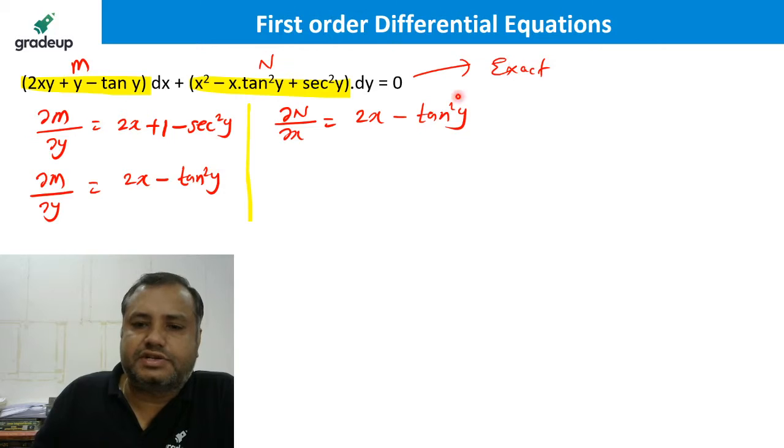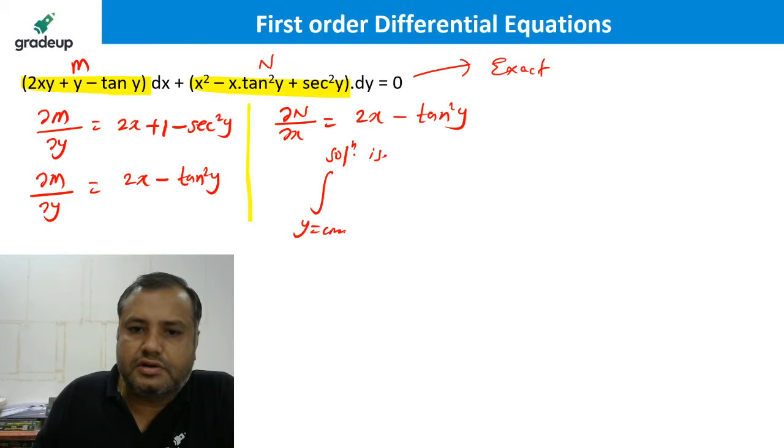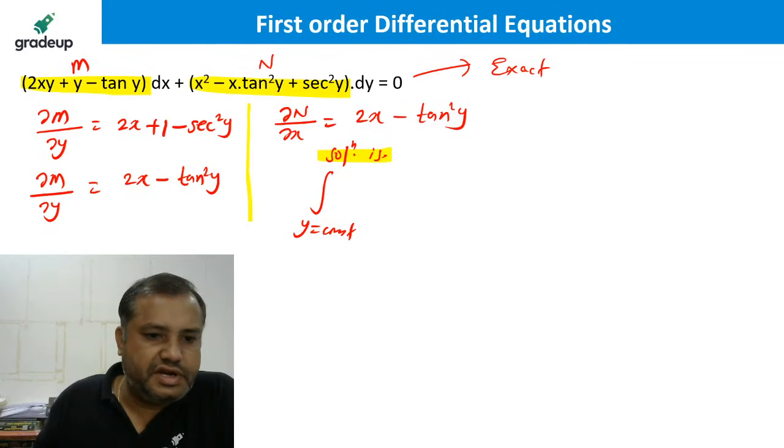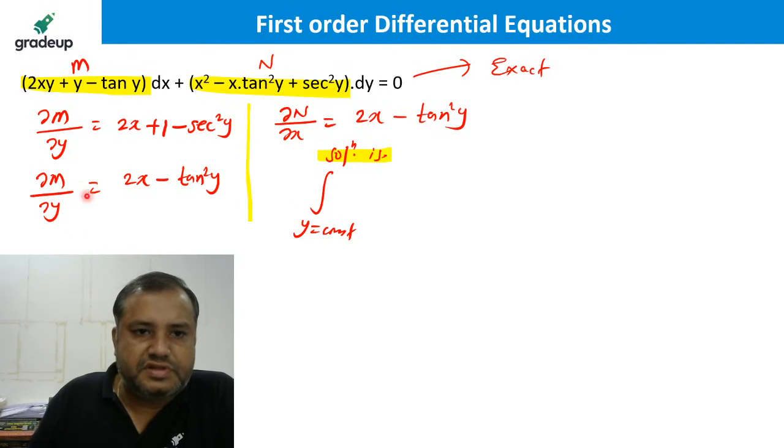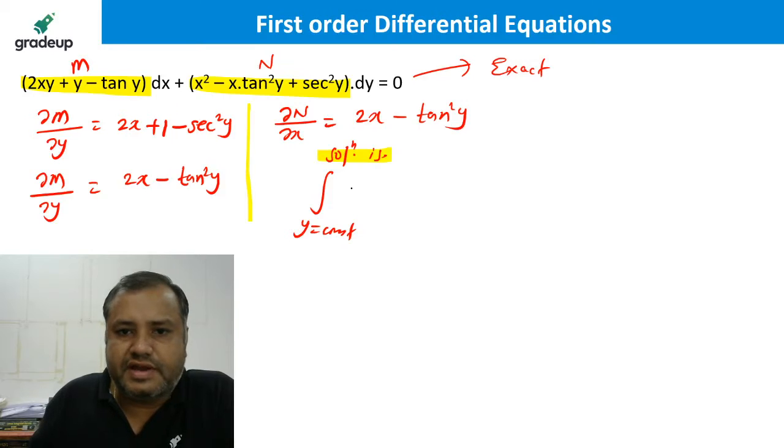If this is exact, the solution is integration of M dx over y constant. This is M, 2xy plus y minus 10y.